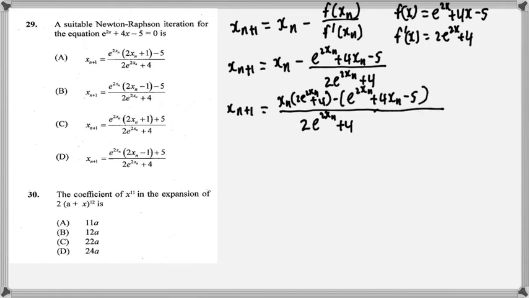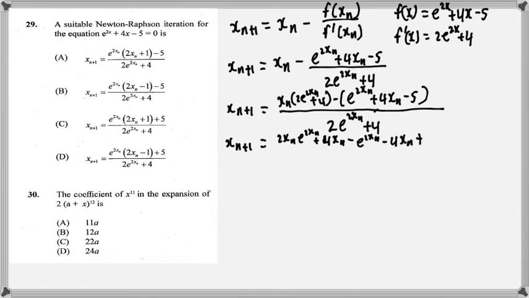So this is what we have here. There's your setup, and this is what you would get. When you multiply this by this and then multiply this by this, this is what will happen. You will get 2x subscript n by e to the 2x subscript n plus 4x subscript n minus e to the 2x subscript n minus 4x subscript n plus 5.